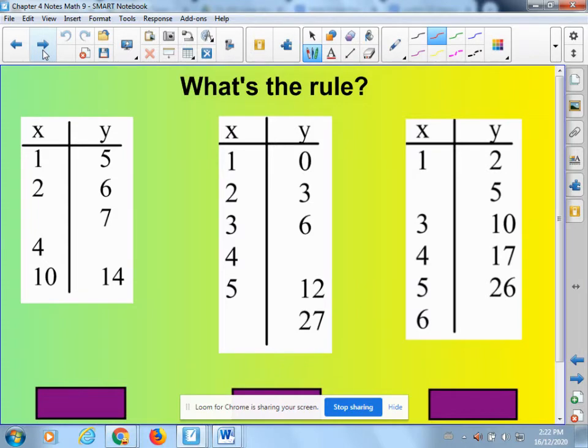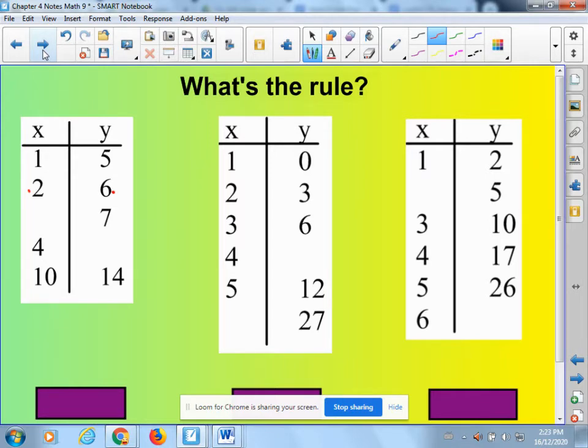So when I'm looking for the rule, you often need to look at a pattern to help find the rule. Because it goes up 1, 2, and y goes up 5, 6, 7, you can see that it's only going up by 1. So it's probably just a one-step equation. I need to ask myself, what do I do to the 1 to end up at 5? 1 times 5 is 5, but 2 times 5 is not 6.